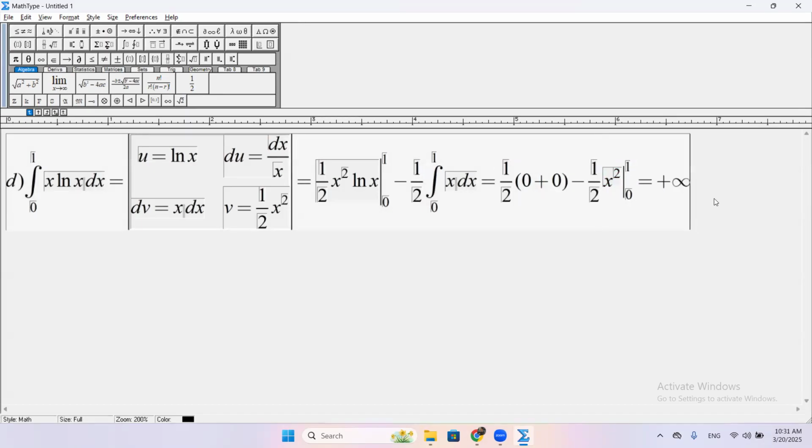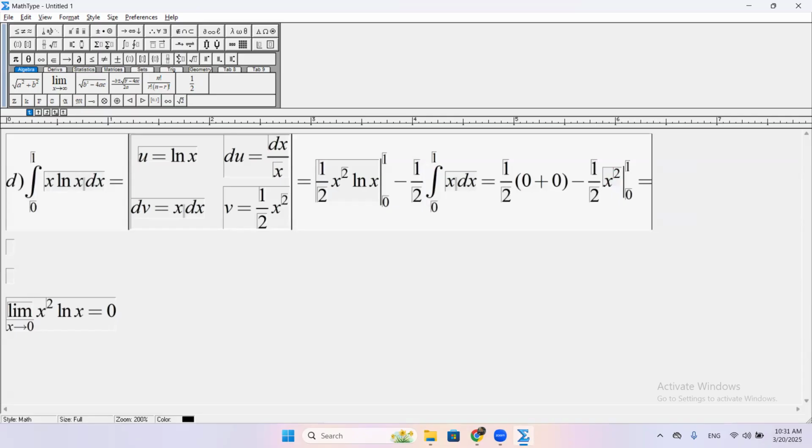Because if we calculate the limit of this function x squared, we will have 0. You can check it using L'Hospital's rule quickly, but we will not waste time on that.